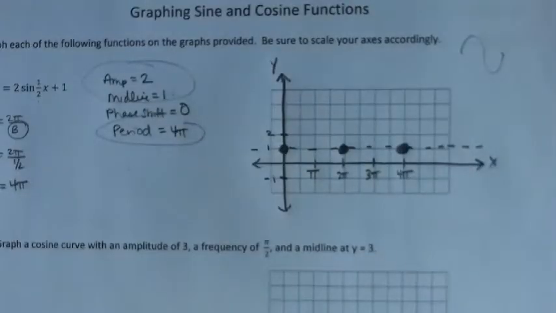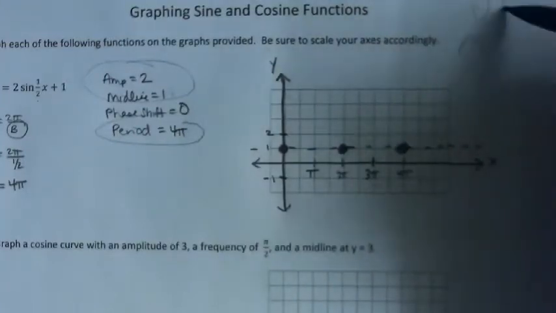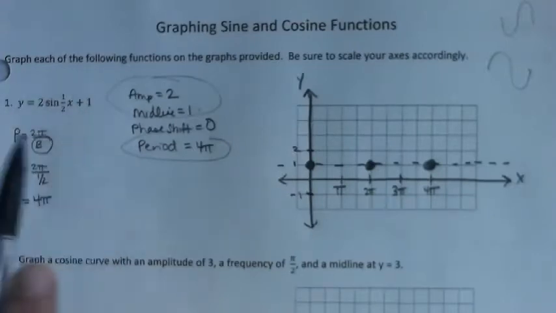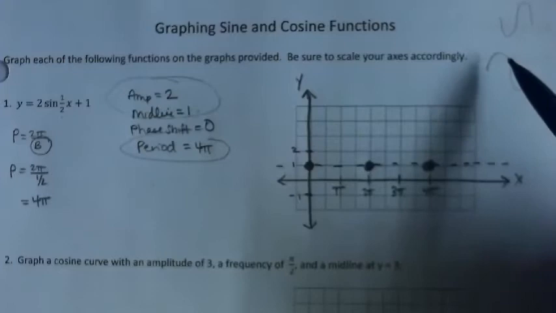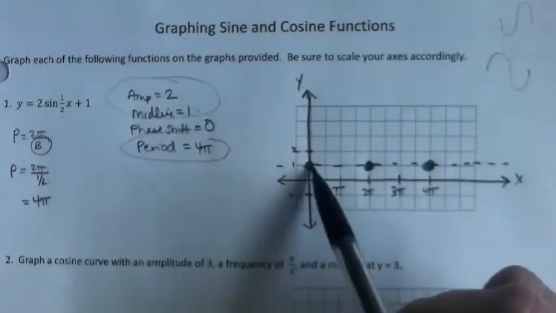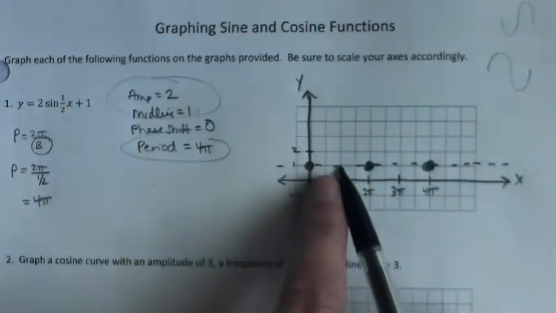Now, is this a positive sine or a negative sine? Because there's a difference in which structure we're going to go with. Positive, which means we go up first, right? So we're going to go up to the maximum first, which is going to occur halfway between these points, so at pi.